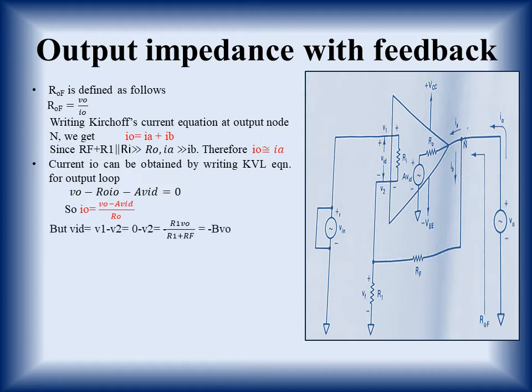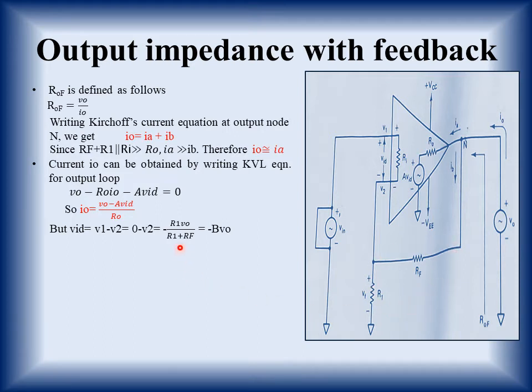Now again we need VID in the I naught equation. What is VID? From the diagram you can see that V1 is 0, because we have already shorted VIN. So V1 is 0, and what is V2? V2 is from the feedback resistor, which we have already calculated.